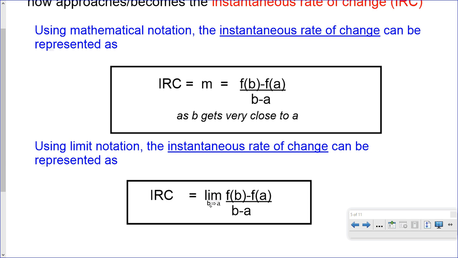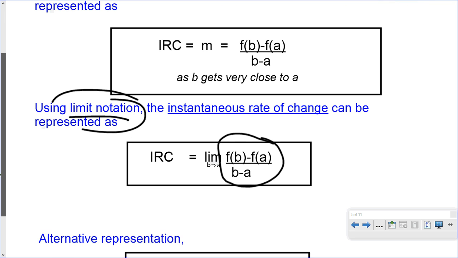Sometimes we use limit notation, and later in this chapter we'll spend time talking about limits. As B gets really close to A, that's the limit notation here; LIM stands for limit. As B approaches A, we get this approximation, and we call it the instantaneous rate of change.